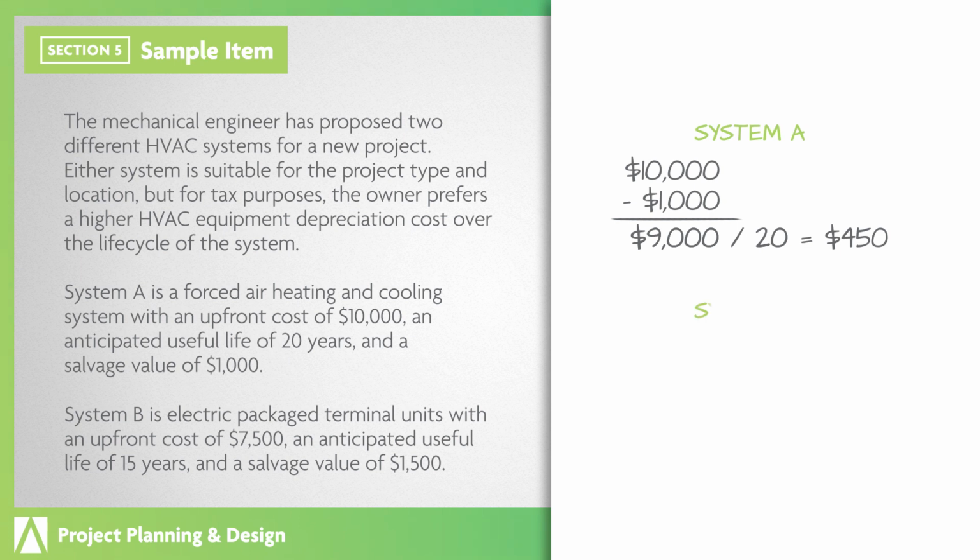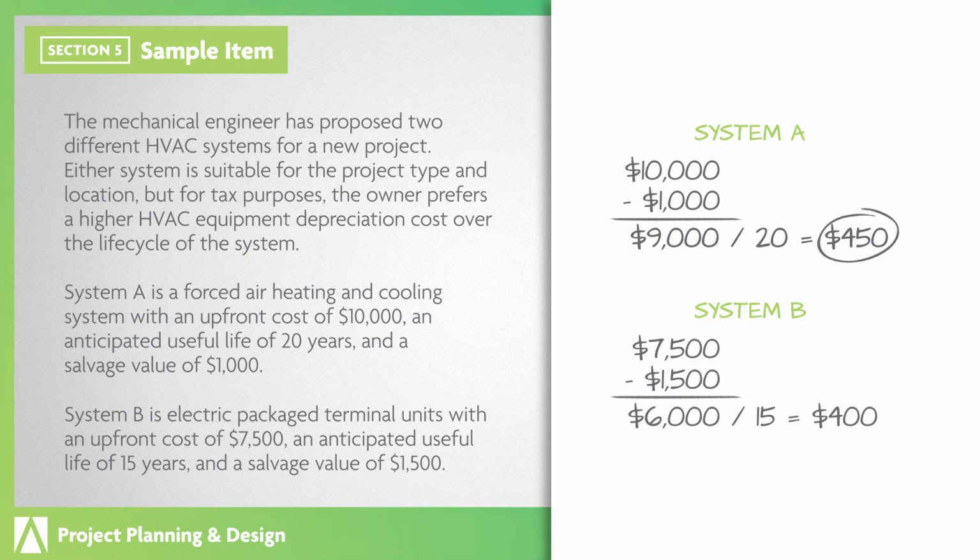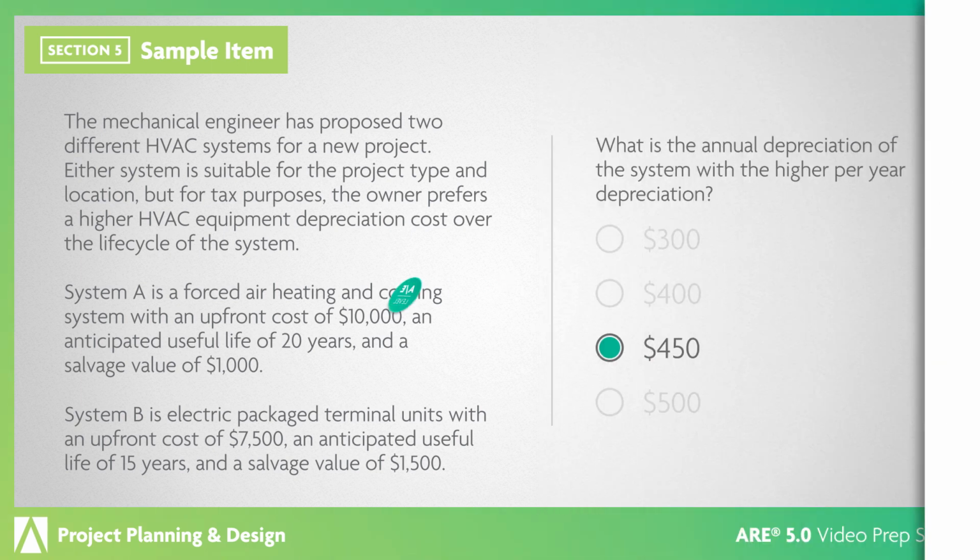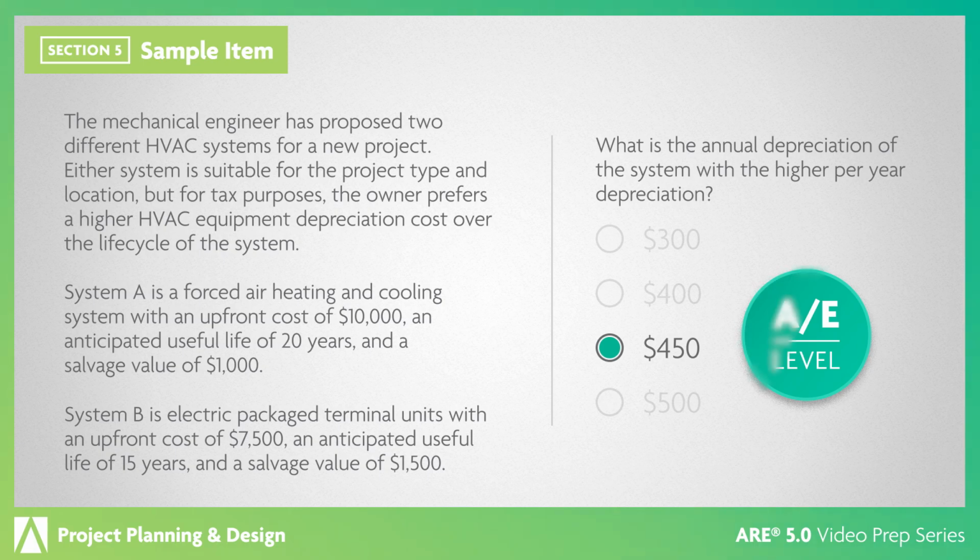Based on the results of each annual depreciation value, you determine that System A has a higher depreciation of $450. This is an AE level item requiring an appraisal of life cycle costs as applied to mechanical systems and a comparison between the costs in order to recommend a system.